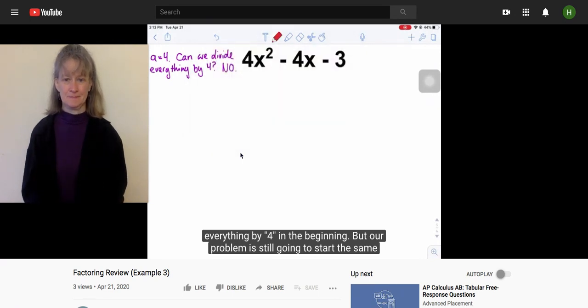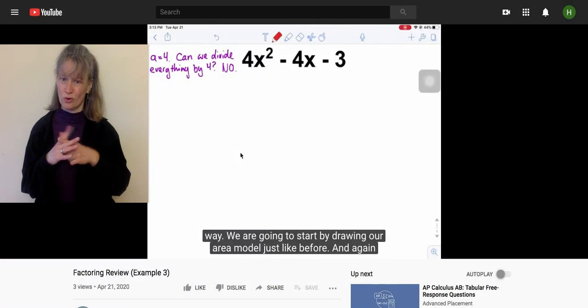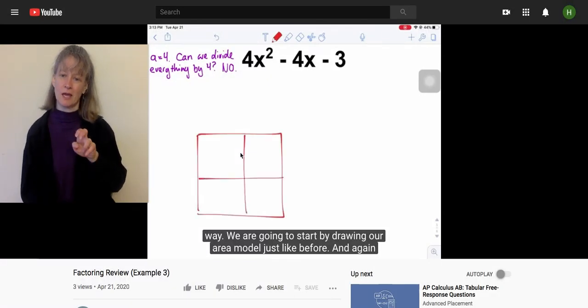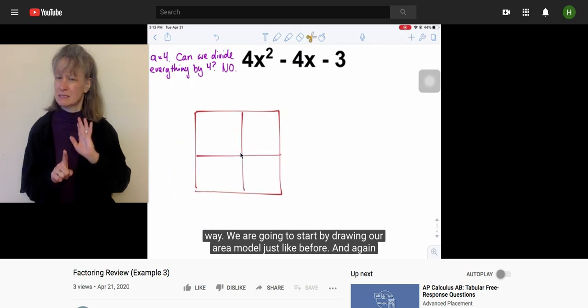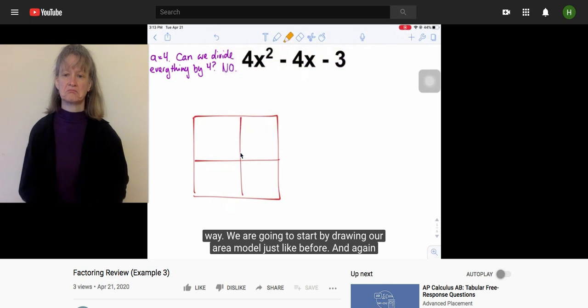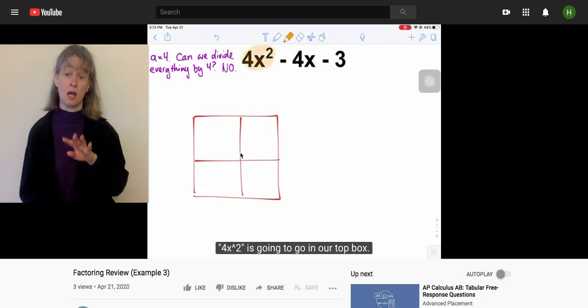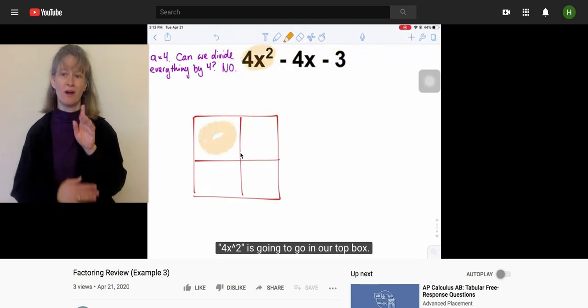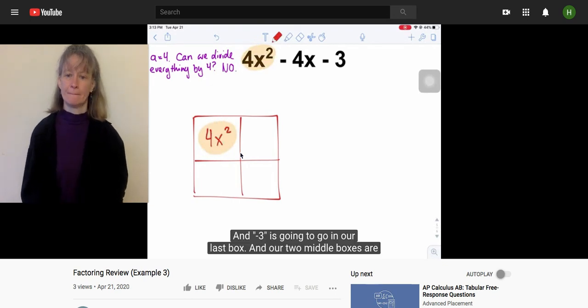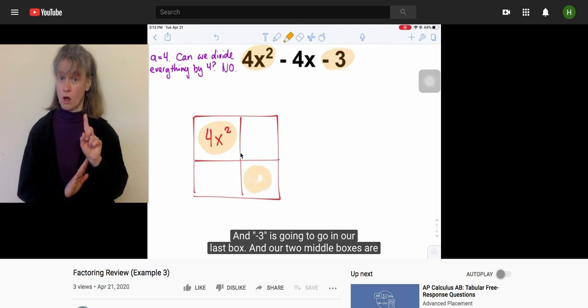But our problem is still going to start the same way. We are going to start by drawing our area model, just like before. And again, 4x squared is going to go in our top box, and negative 3 is going to go in our last box.